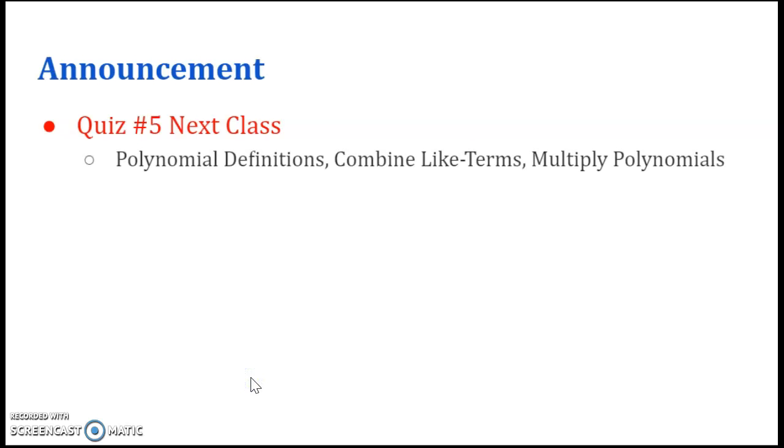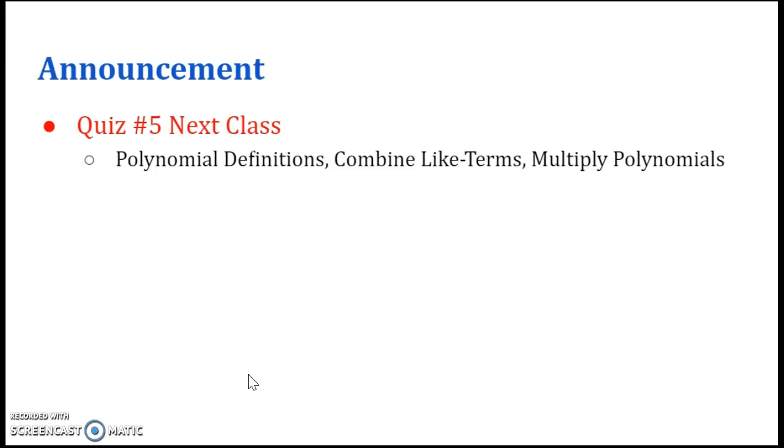Okay, some announcements. Quiz 5, this is the last assessment before the finals. Quiz 5 is going to be next class and it is going to be on polynomial definitions and combining like terms. Remember, vocabulary is very important in math just as much as it is in other classes.